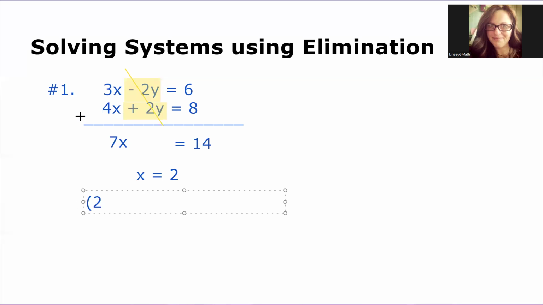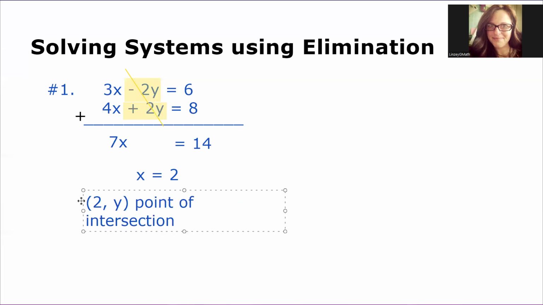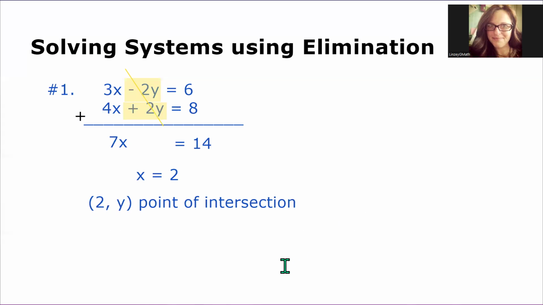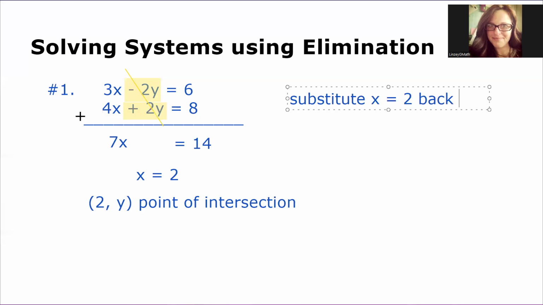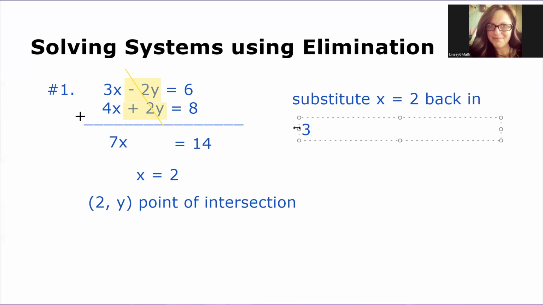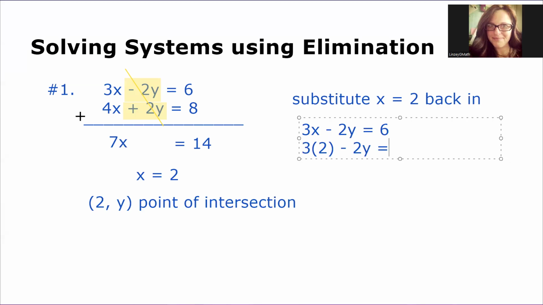This is the x value of our point of intersection, the point where these 2 lines cross. We need to solve for the y coordinate. We're going to substitute x equals 2 back in to one of the original equations. I'm going to use the top equation. Substituting 2 in for x and solving for y.